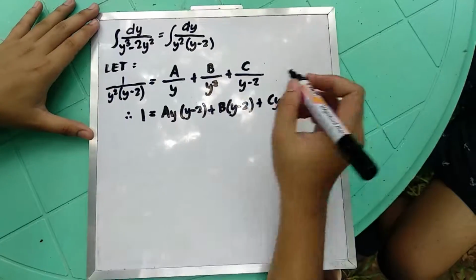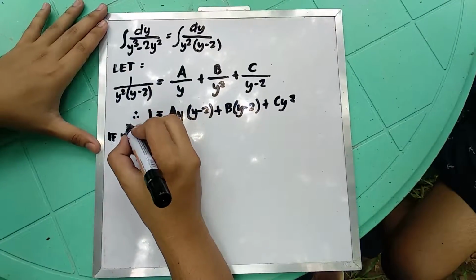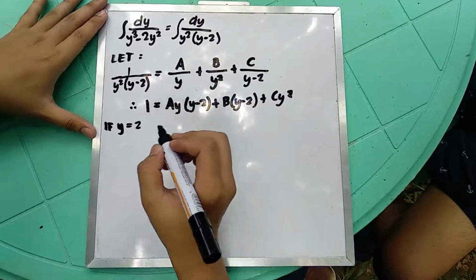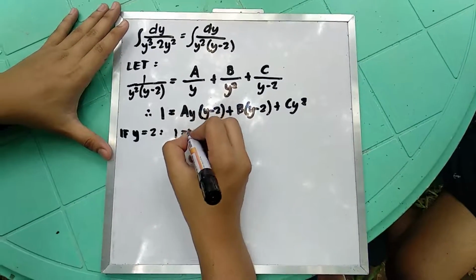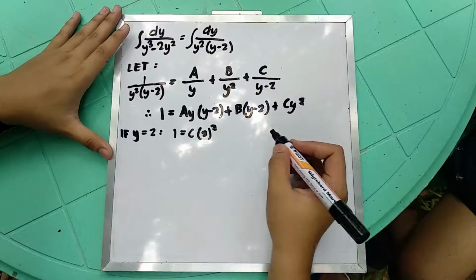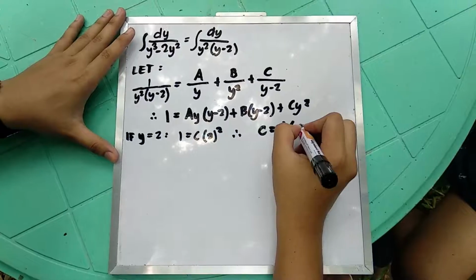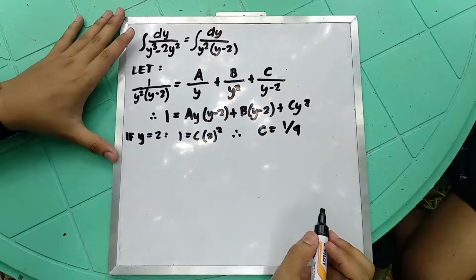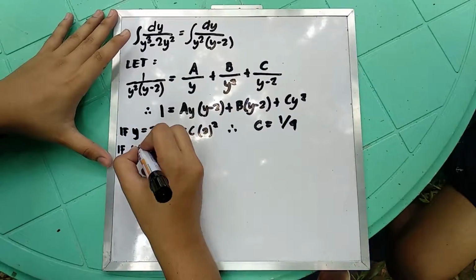We get this by multiplying through by the common denominator of the factors to get rid of all the denominators. Then we use the zeros of the factors as values of y. We substitute them into the equation.